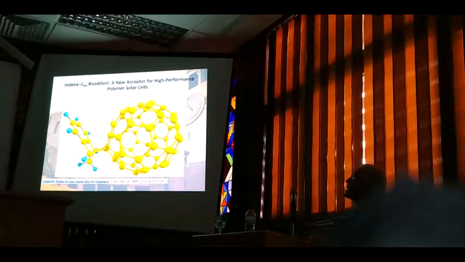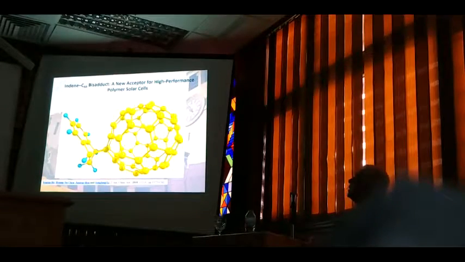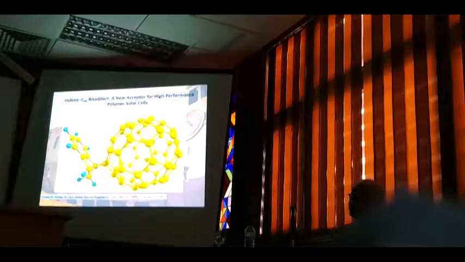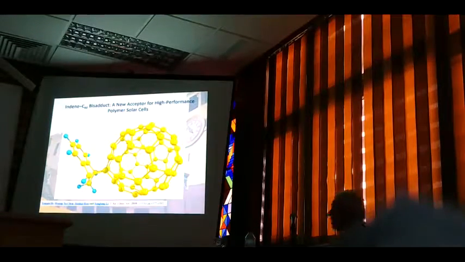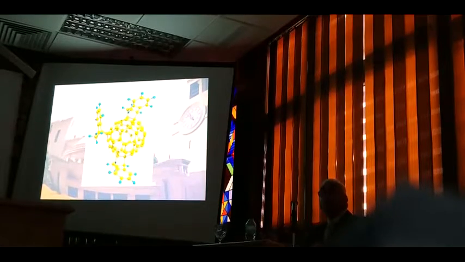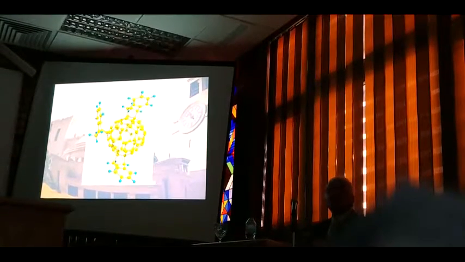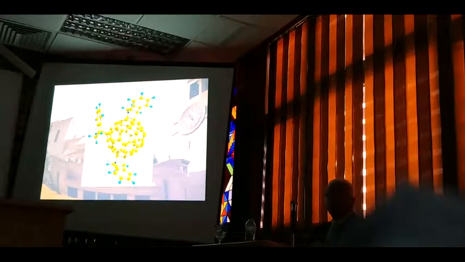They showed that it is a very powerful acceptor. So we started to do a calculation on indene carbon 60, diindene, and triindene. And we want to establish these as very good acceptors in this situation, and we will select donors because donors in organic chemistry are very easy, and we'll start polymer work on it.